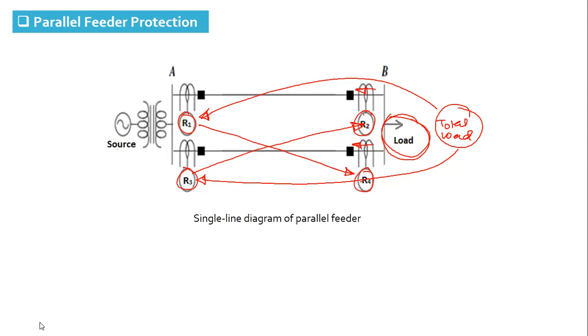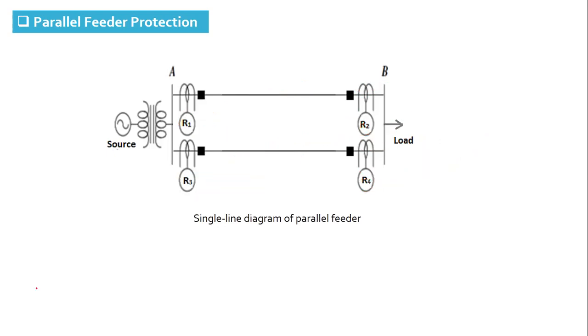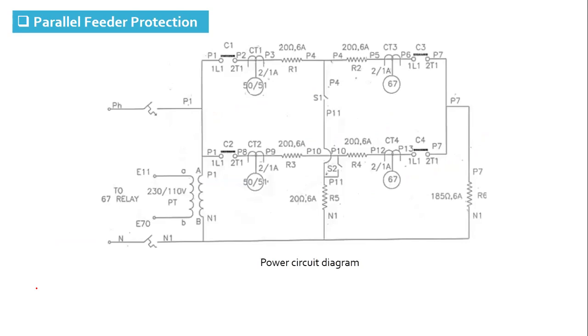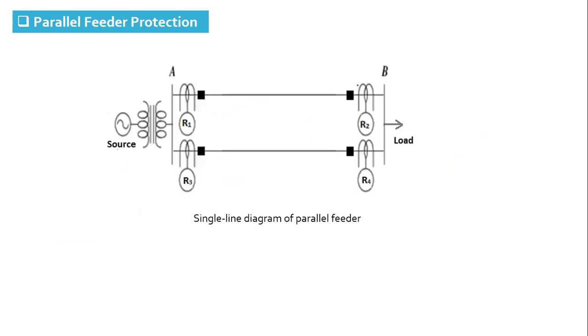Okay, remember this point. Now, in the laboratory, you can see we have a setup with a single phase supply. These two are directional relays. We know that a directional relay requires two inputs: current input through CT and voltage input through PT.